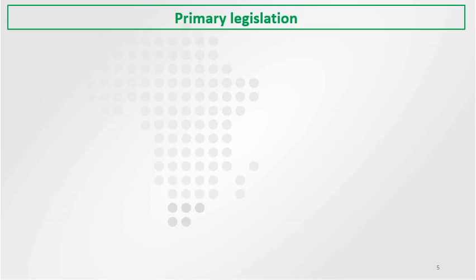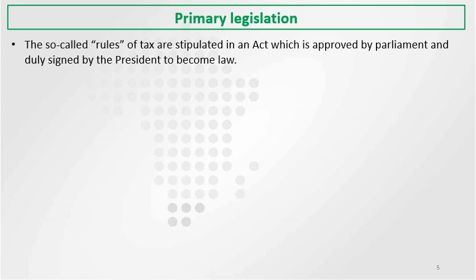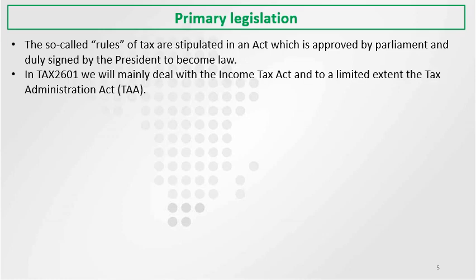Okay, let's first deal with primary legislation. The so-called rules of tax are stipulated in an act, and an act is approved by Parliament and duly signed by the President before it becomes law. In TAX2601, we mainly deal with the Income Tax Act and to a limited extent with the Tax Administration Act.